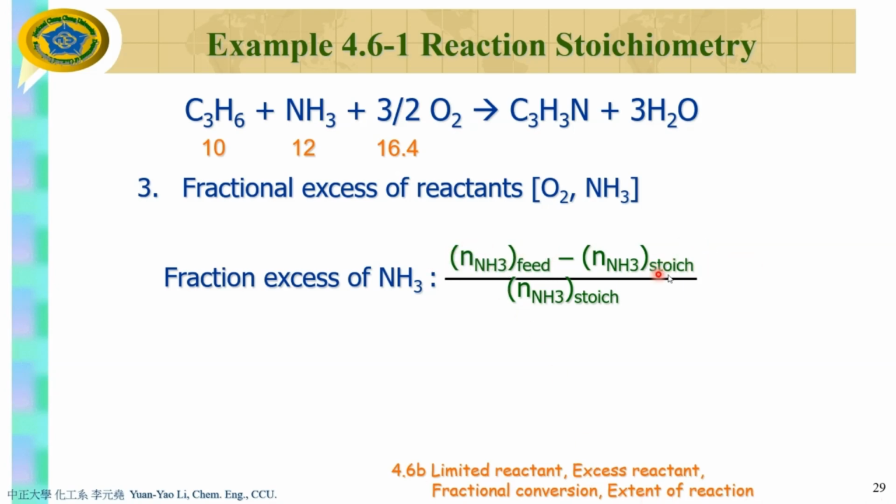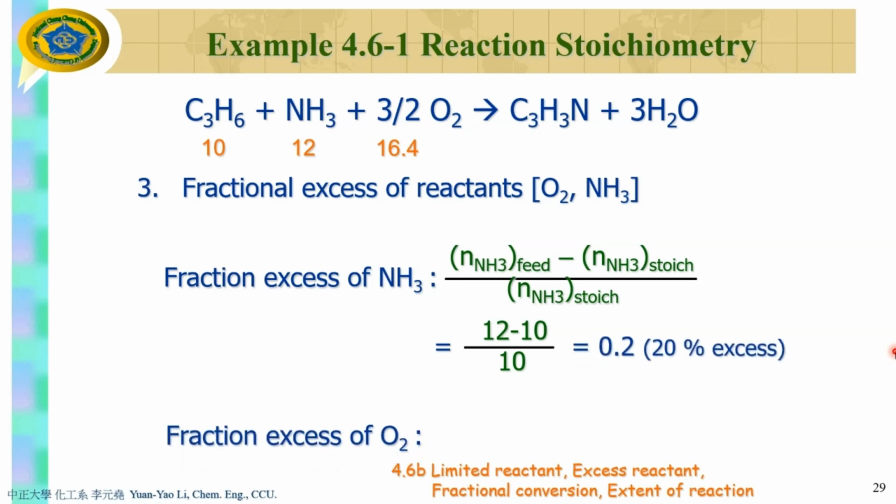And stoichiometric will be what? 10, right? So that will be 12 minus 10 divided by 10. That means 20% excess of ammonia. Then how about oxygen? I'm sure you can do this for me. That will be 9.3%. This is the fractional excess.